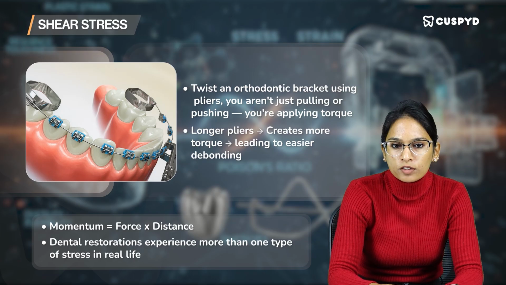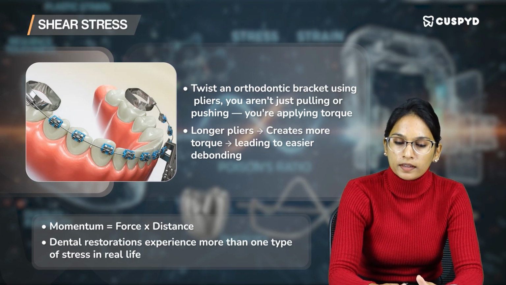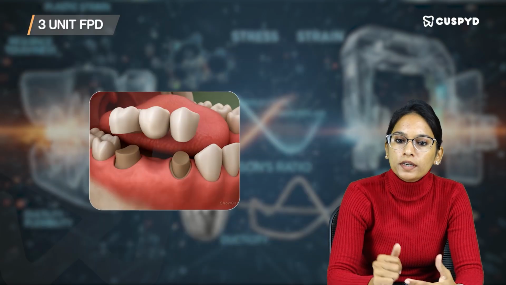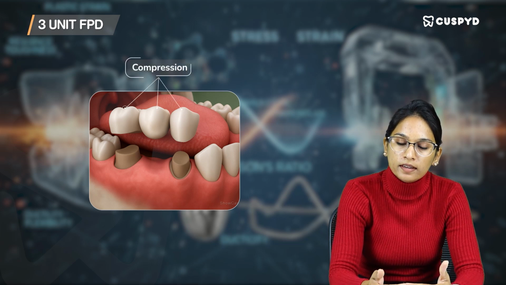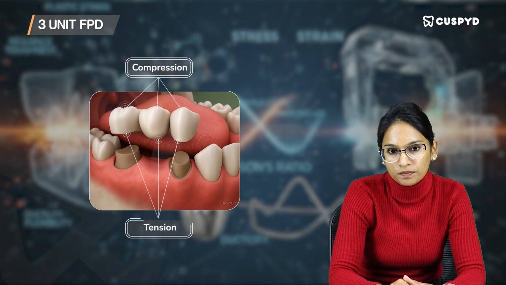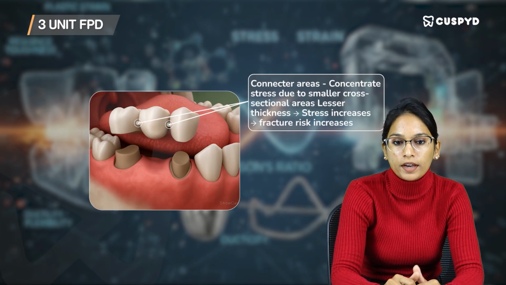Now, real dental restorations rarely experience a single type of stress. They experience combined stresses. Look at the 3-unit FPD. When a patient chews, the pontic bends slightly. The occlusal side is under compression and the gingival side is under tension. The connector areas concentrate stress due to smaller cross-sectional area.